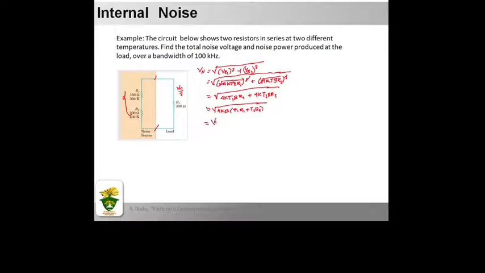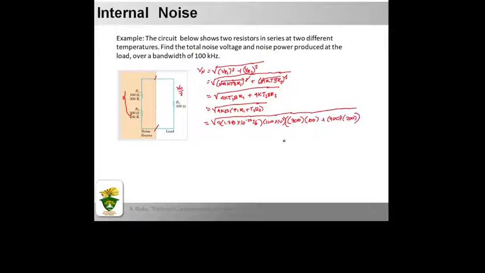Substituting the values, we have 4 times 1.38 times 10 to the power of negative 23 joules per Kelvin, the bandwidth is 100 kilohertz, times the temperature of 300 Kelvin times 100 ohms, plus 400 Kelvin times 200 ohms.